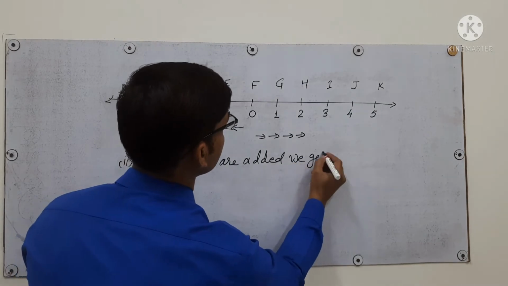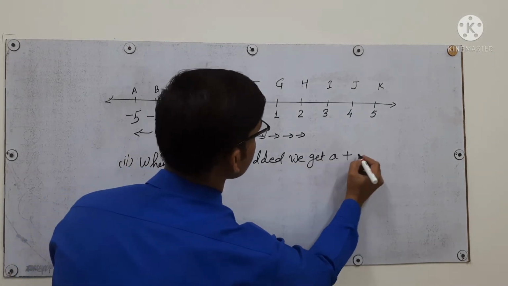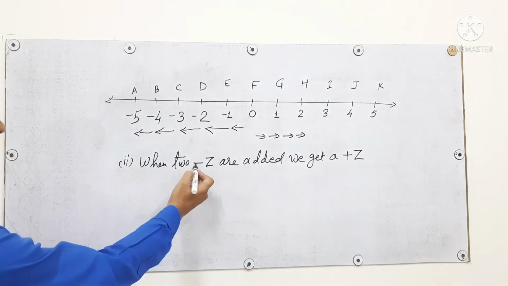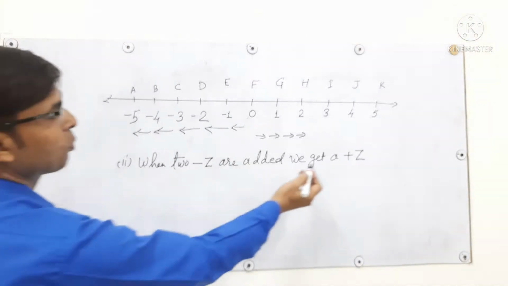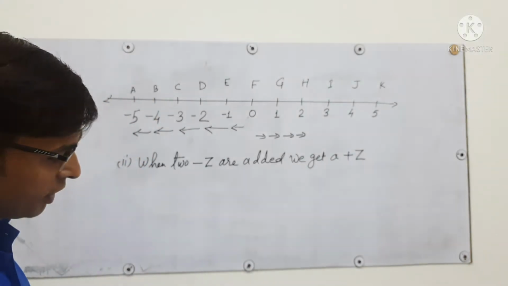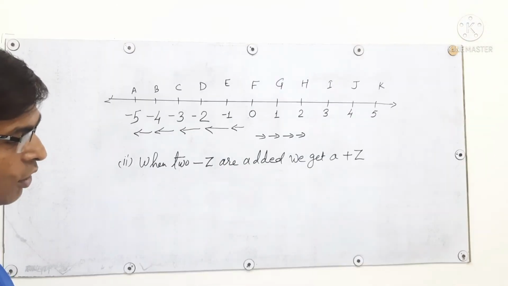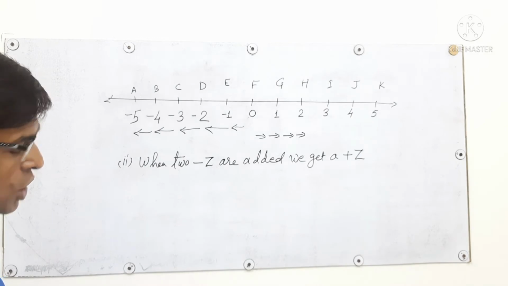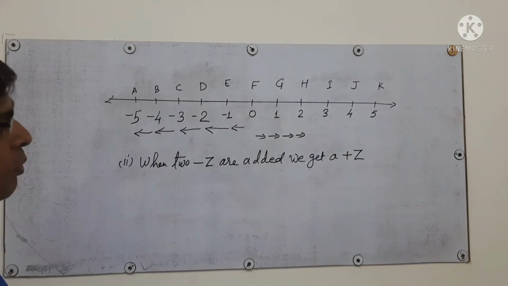For negative I have written the subtraction sign, and for positive I have written the plus sign. You can also see this in the exercise on page number 2 in your textbook: when two negative integers are added, we get a positive integer.